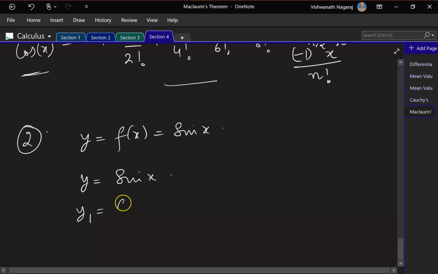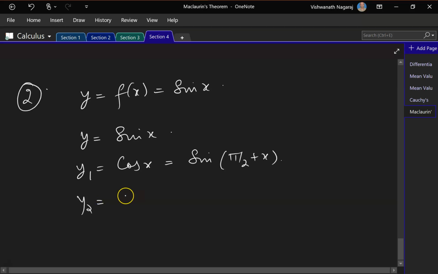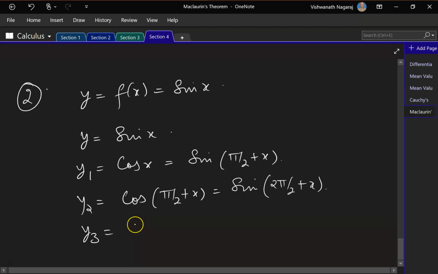y1 is equal to cos x. We want to write it in terms of sine, so sin(pi/2 + x). y2 is equal to cos(pi/2 + x), again in terms of sine, sin(2pi/2 + x). y3, the third derivative, is again cos(2pi/2 + pi/2 + x), which is sin(3pi/2 + x).